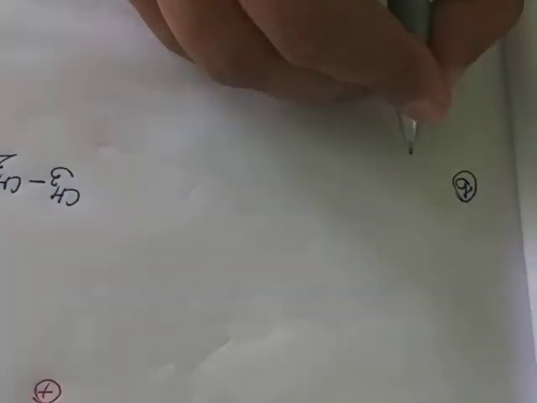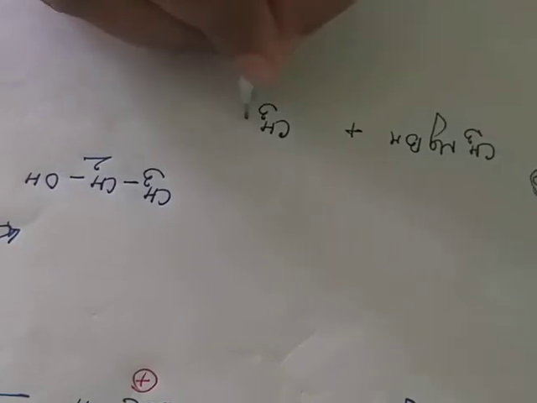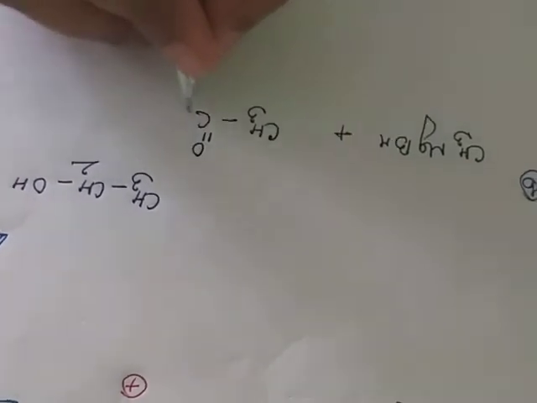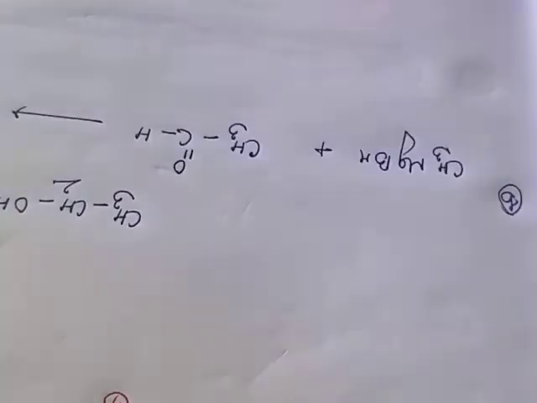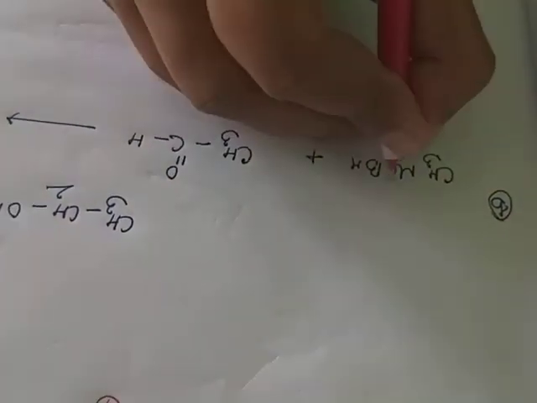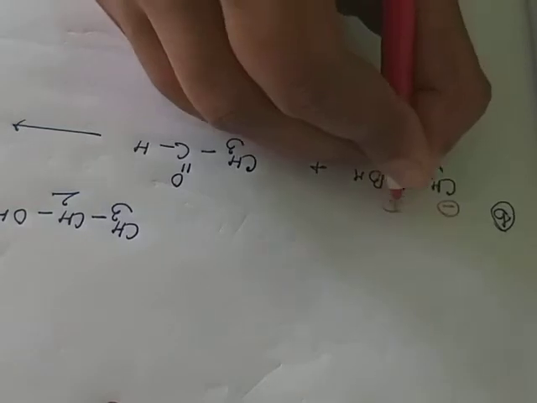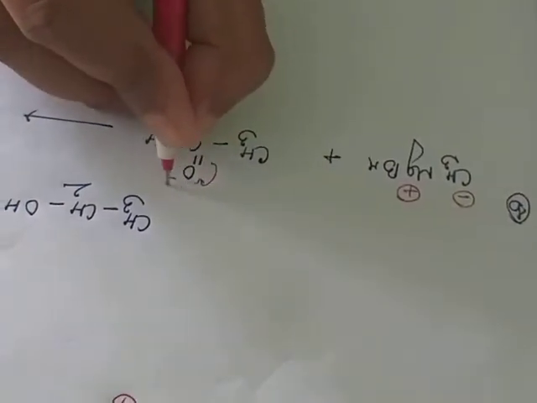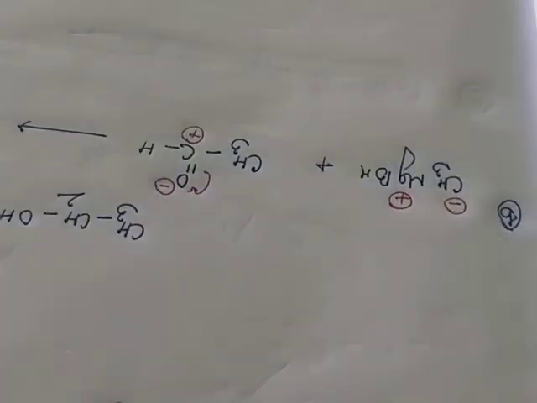When we treat it with any other aldehyde, keeping the same methyl magnesium bromide, suppose I am taking acetaldehyde. The same reaction would take place as plus minus, the nucleophilic addition, and the carbonyl carbon also would be plus.